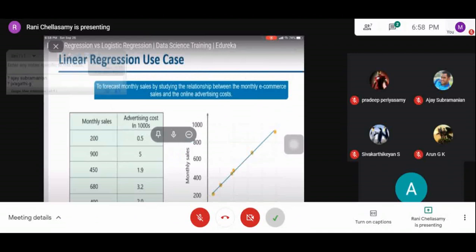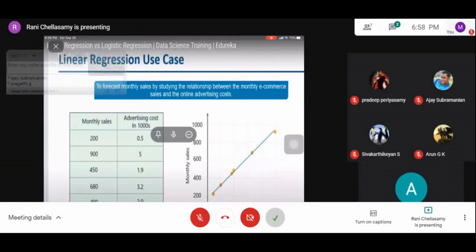Another case study is to forecast the monthly sales by studying the relationship between monthly e-commerce sales and the online advertising cost. Here you are given a data set. The monthly sales are the dependent variable, that is your final output.